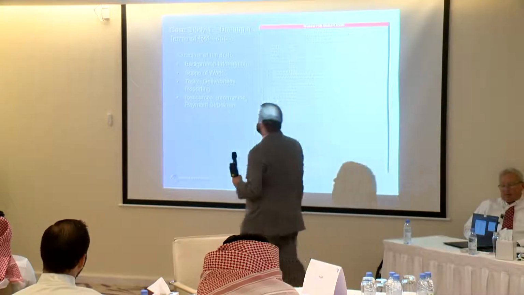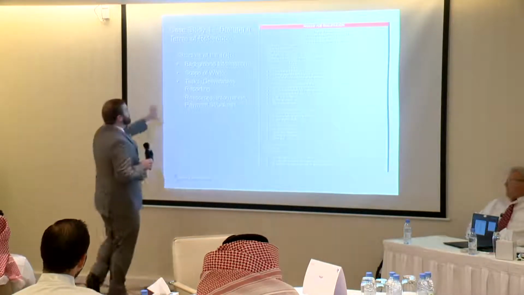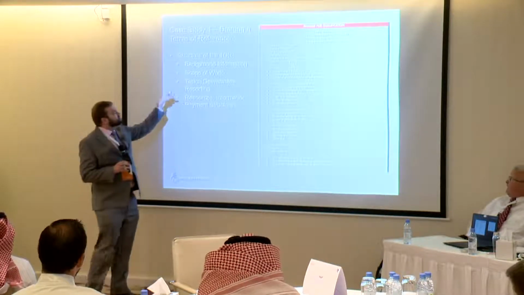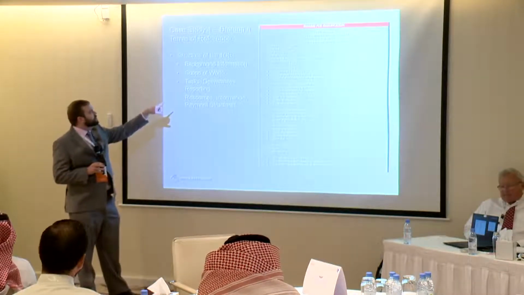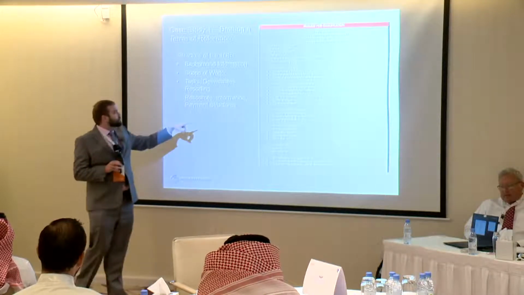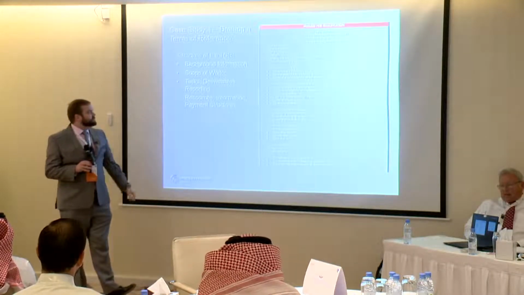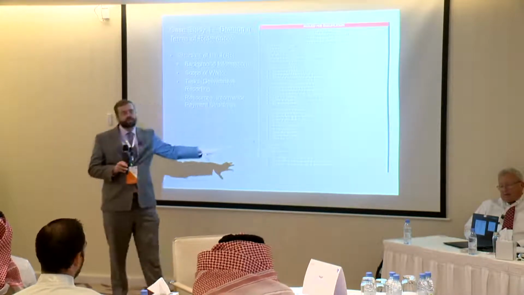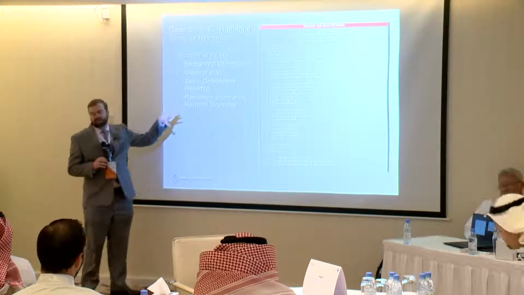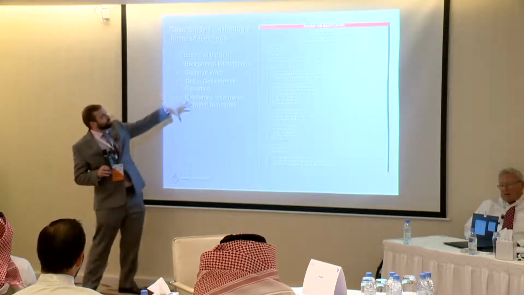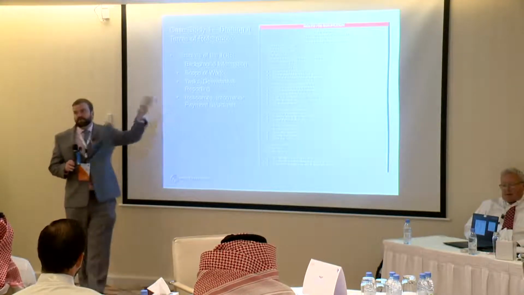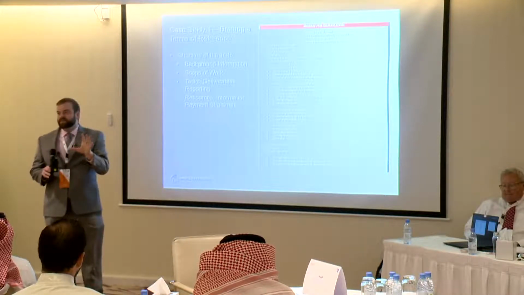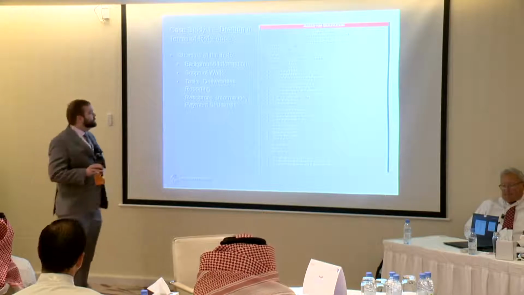This is from David's presentation on the structure of the TOR, the main groupings: background information, scope of work, task deliverables and reporting, resources, information, and payment structures. This is one of three examples I'm going to show you. All TORs around the world follow this loosely, but they're organized a little differently, and you'll have your own unique one for NCP and for Saudi Arabia.